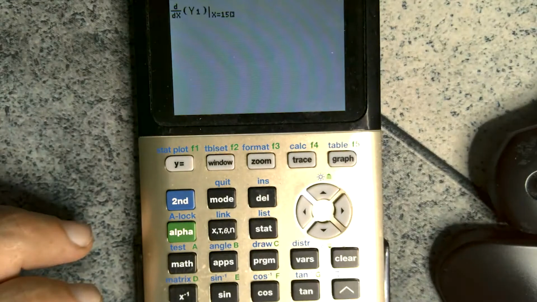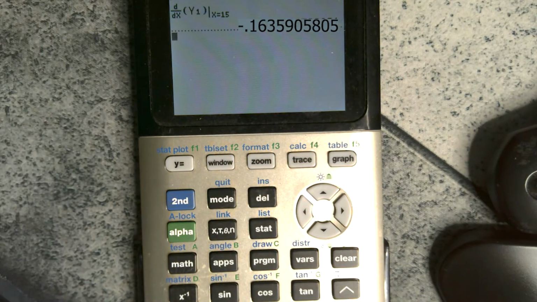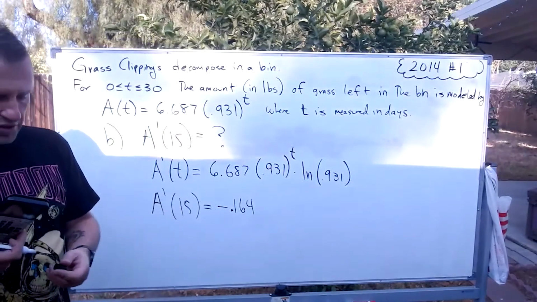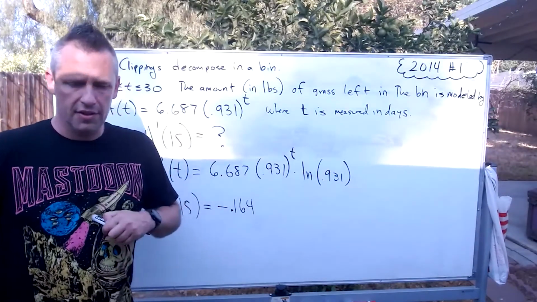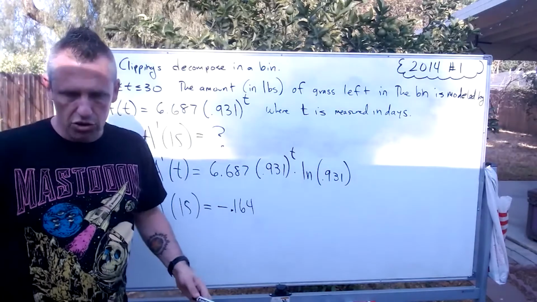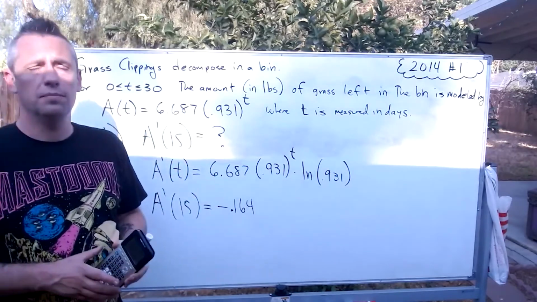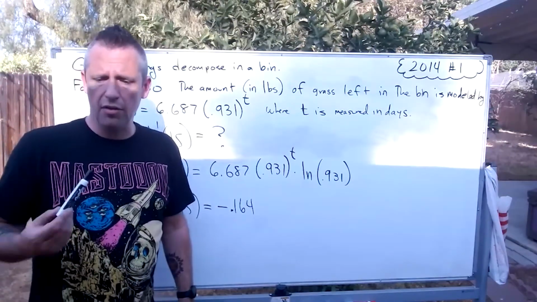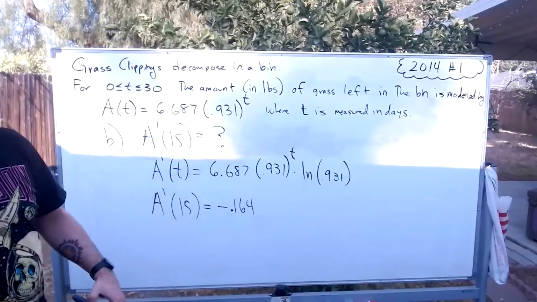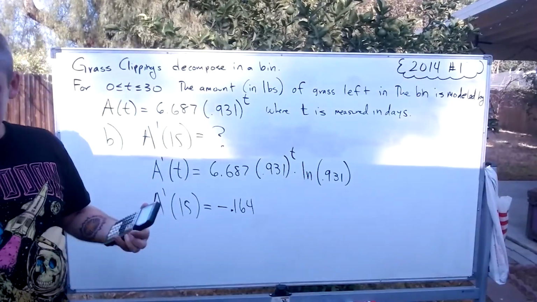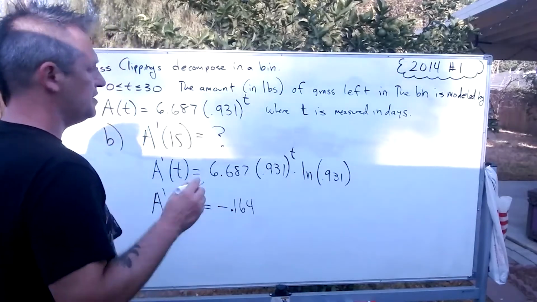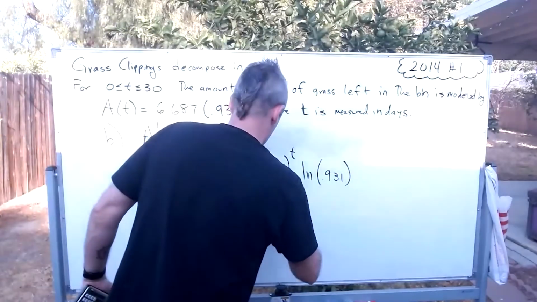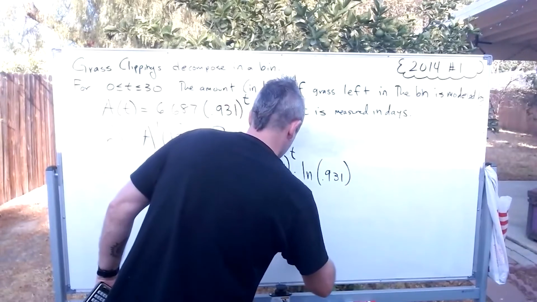And the answer you'll end up getting is negative 0.164. Again, it makes sense that this is negative because this is the rate of change of the amount of grass clippings in the bin on day 15. So they also want you to interpret this. This is measured in pounds per day.